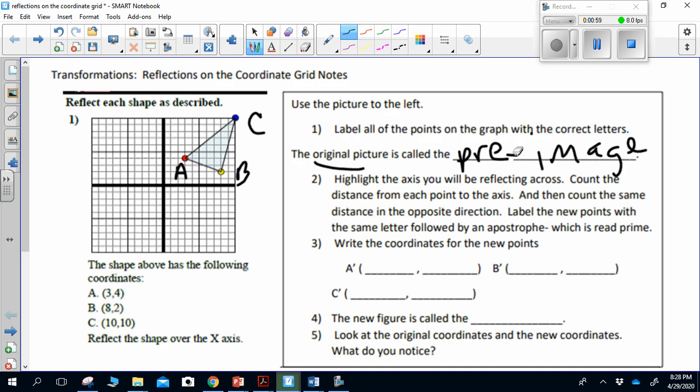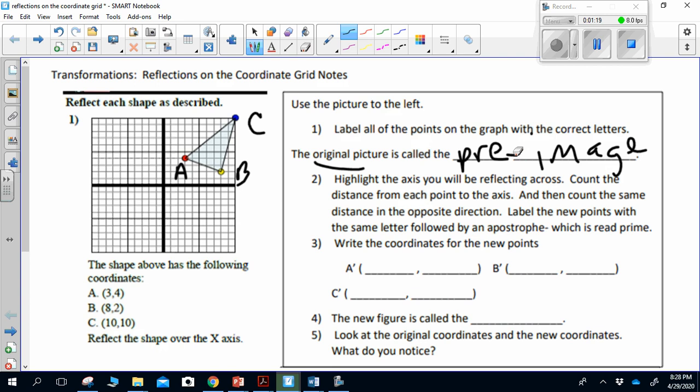So the next thing you're going to do is highlight the axis you'll be reflecting across. Now, in 6th grade math, you reflect across either the x or the y axis. When you get up into higher levels of math, you reflect across lines, but we're just going to be reflecting across axes.